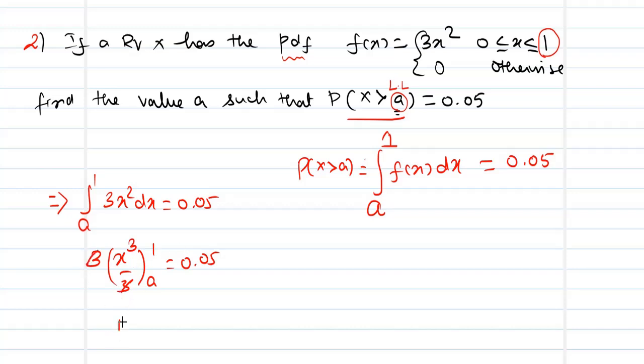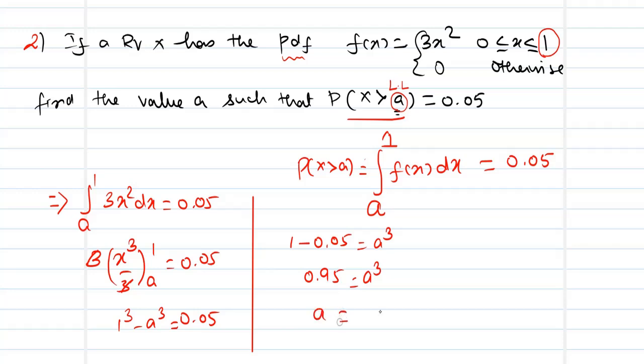Applying the limits, 1 cube minus a cube is 0.05. Now moving on, 1 cube, you take it to the opposite side. 1 cube is 1, minus 0.05 is equal to a cube. So 0.95 is my a cube.